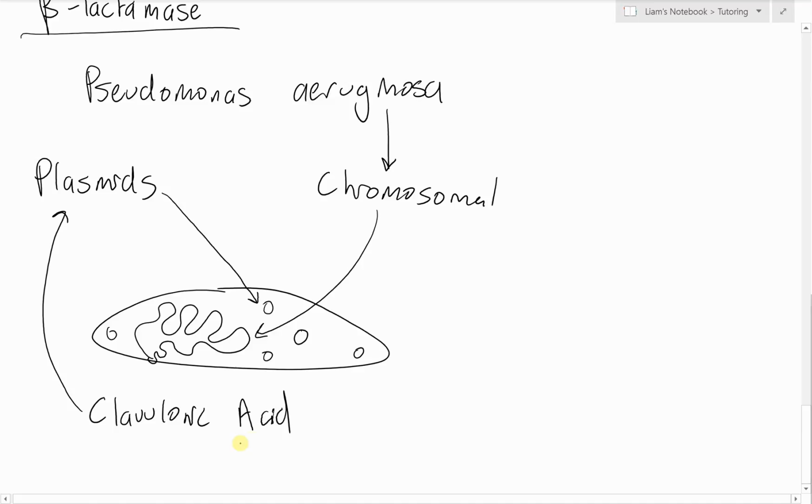When we give it the clavulanic acid, instead of going for the other beta-lactams that are being co-administered with the clavulanic acid, this is like a jawbreaker covered in, it's like a meat pie covered in tomato sauce or something like that. It's something really yummy that the beta-lactamase wants to eat. So the beta-lactamase selectively binds to clavulanic acid, forms a really nice complex, and that allows the other beta-lactam that's been administered to go and bind to the transpeptidases and kill the cell.